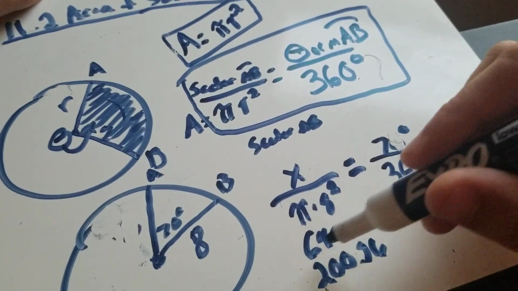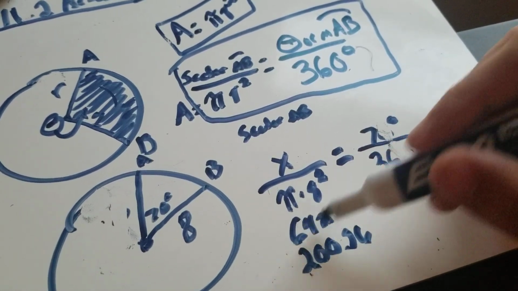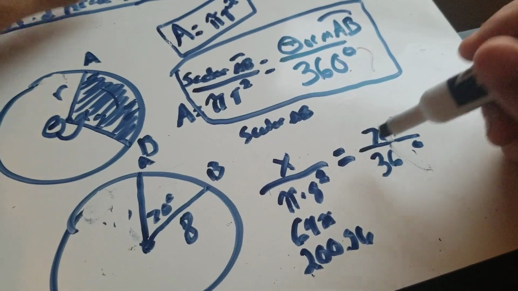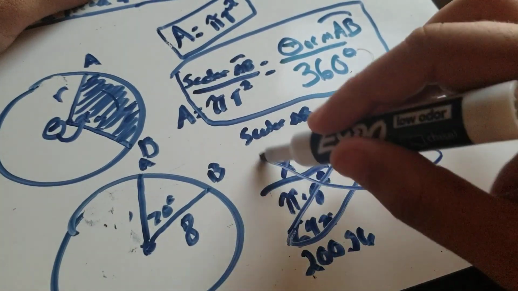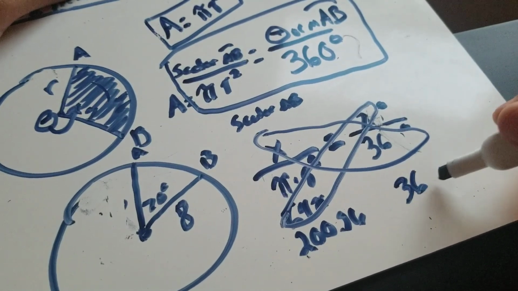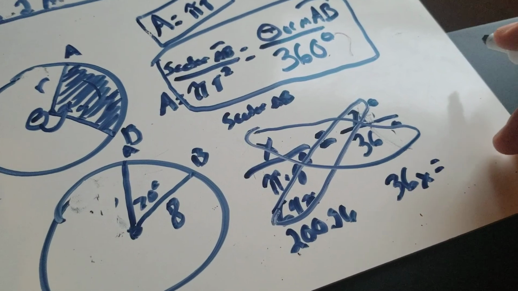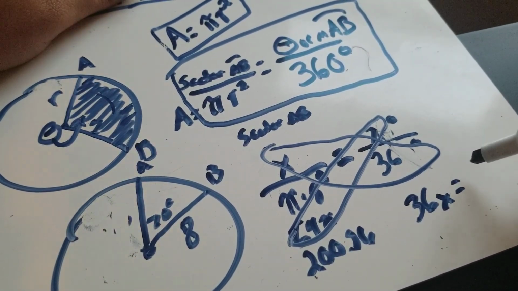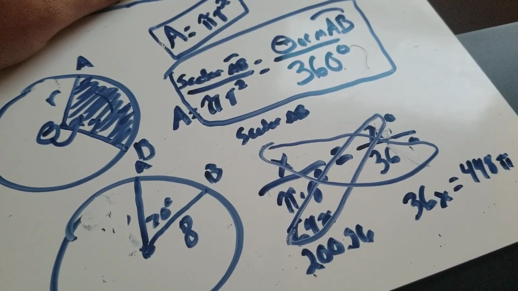So let's do some math. Again, I'm going to use 64 pi, and I'm going to show you how that works. You're just going to use the normal numbers normally. So we're going to do the cross multiplication. We have 36x equals 7 times 64, which is 448 pi.